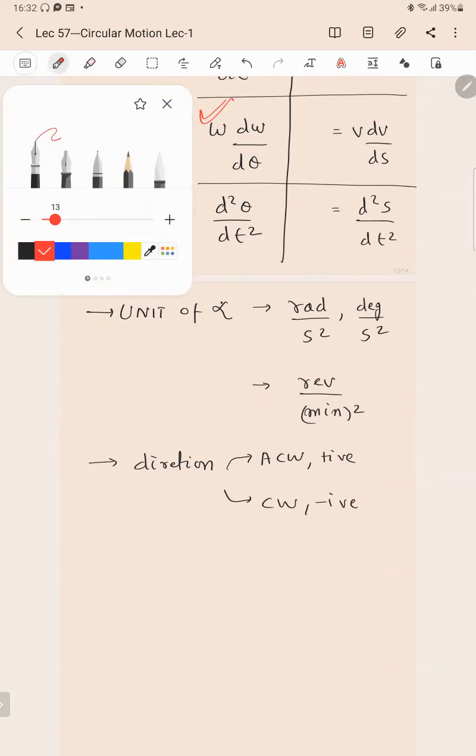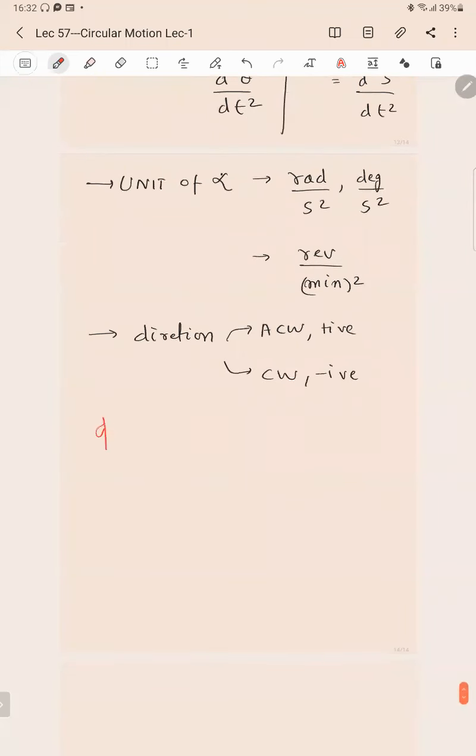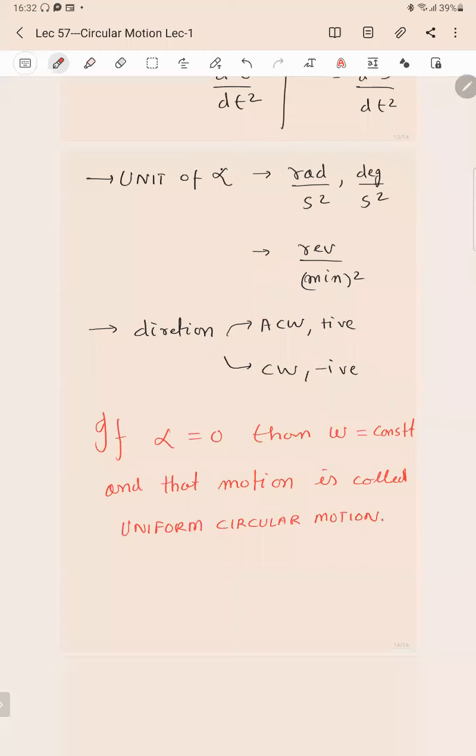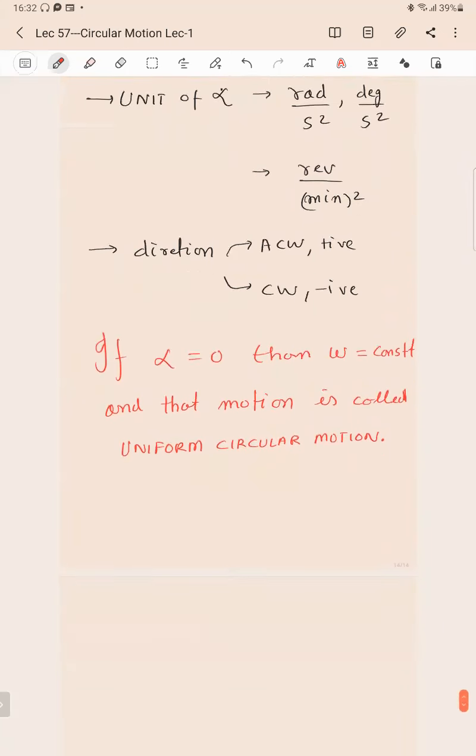अभी अब चीजों को ध्यान से सुनना. If alpha is 0, in any case, then omega is constant, and that motion is called uniform circular motion. तो अगर अल्फा 0 है तो ओमेगा कांस्टेंट है, एंड दैट मोशन इज कॉल्ड यूनिफॉर्म सर्कुलर मोशन. बट अगर अल्फा नॉन जीरो है तो या तो ओमेगा बढ़ेगा या कम होगा. समझ रहा है क्या?